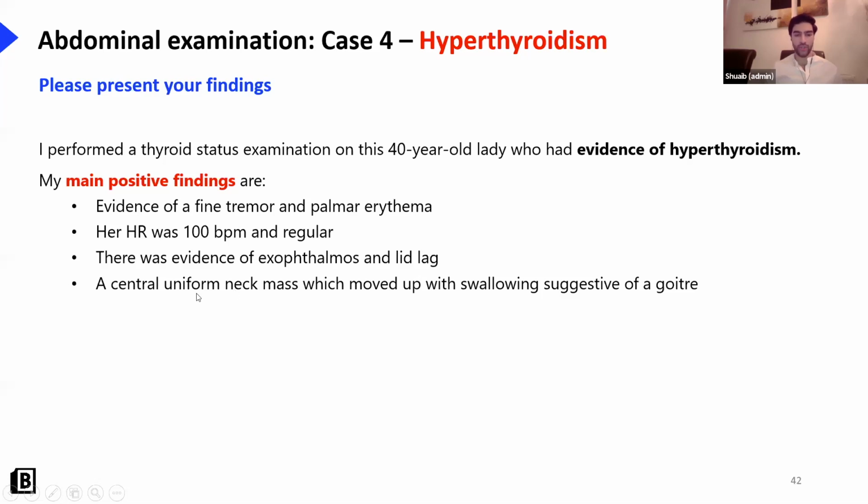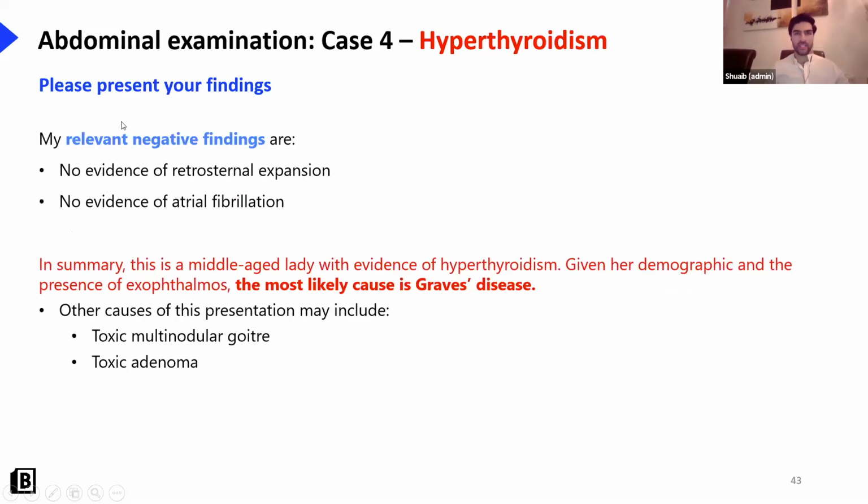There was a central uniform neck mass, which moved up with swallowing, which is suggestive of a goiter. A goiter is a neck mass arising from the thyroid. That's just the medical term for a thyroid mass, basically. My relevant negative findings are no evidence of retrosternal expansion and no evidence of atrial fibrillation.